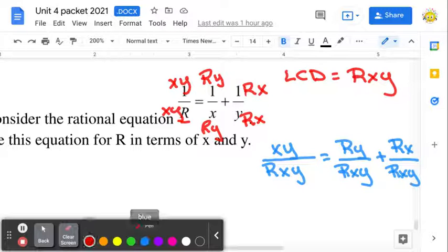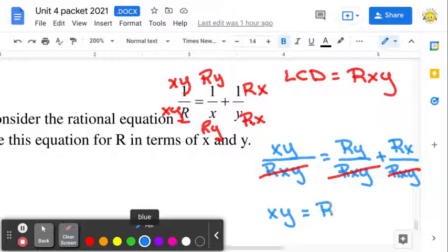Okay, just like we did before with the equations, our denominators cancel each other out. So our equation that we're going to work with is xy equals ry plus rx. It's still a pretty difficult equation to work with, but at least we've gotten rid of the denominators.